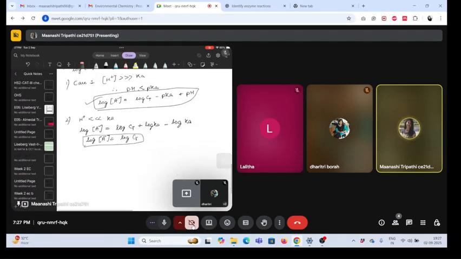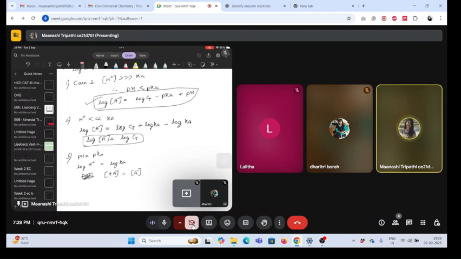And the third case, pH is equal to pKa, means log H plus is equal to log Ka, which gives us H plus equals Ka, HA is equal to A negative.